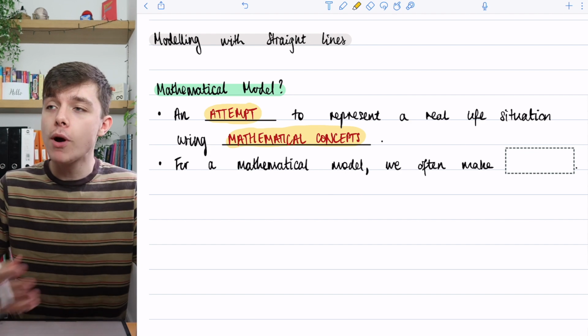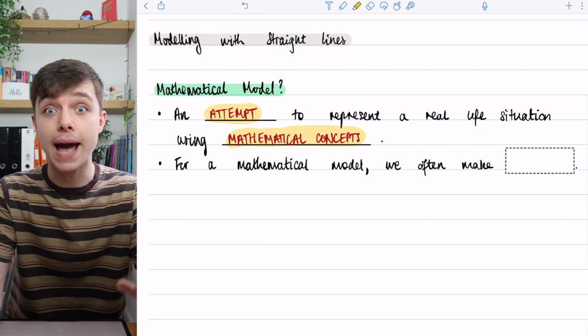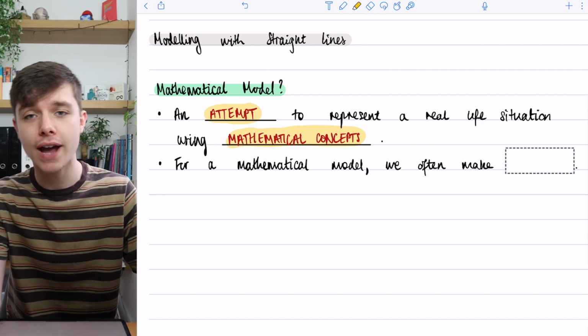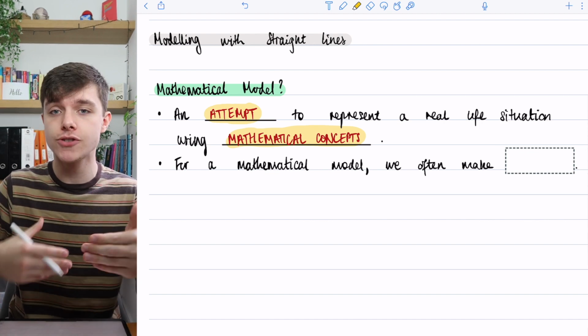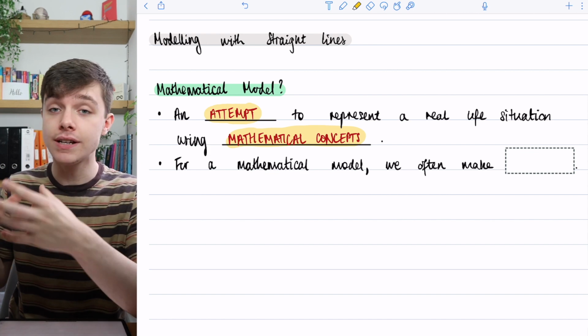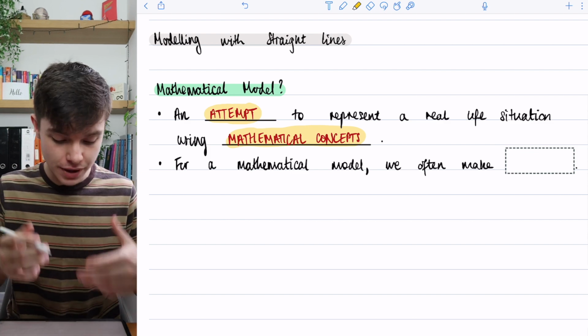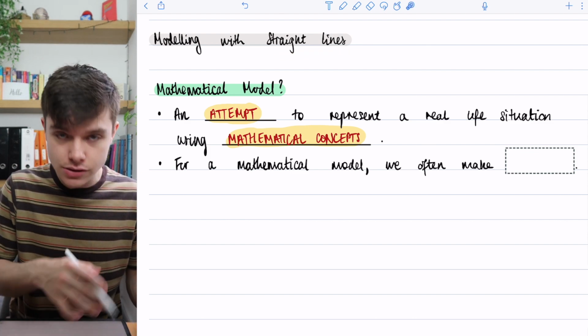When you get onto mechanics, you will see a ball being thrown in the air. That's a real life situation. You'll have a person throwing a ball, and you can take that situation and model that using maths. Here we're just looking at straight lines, so we're not looking at that.